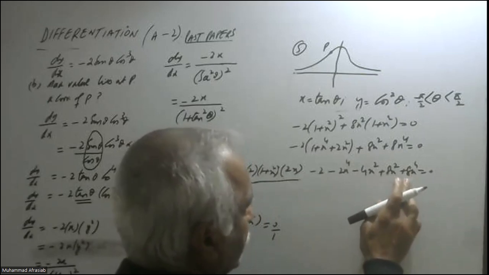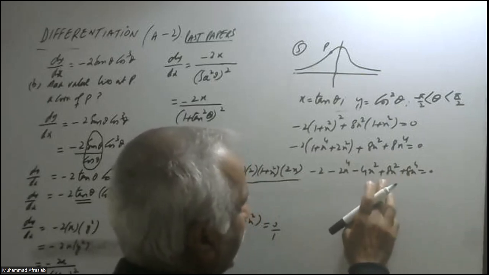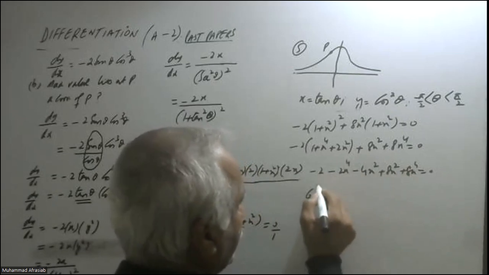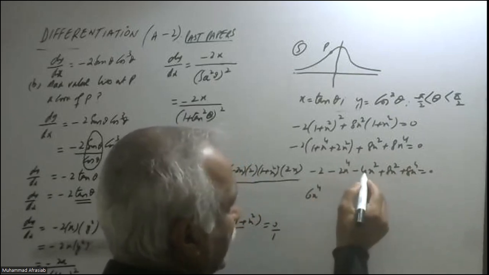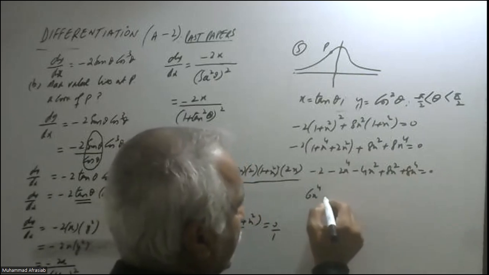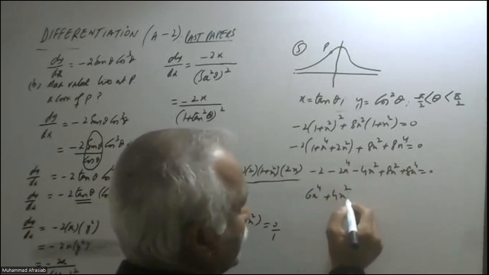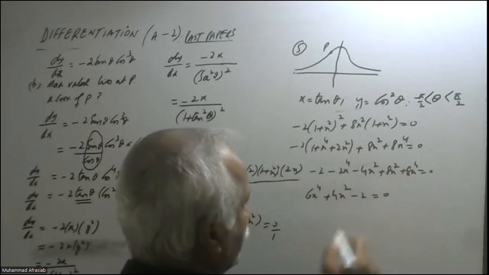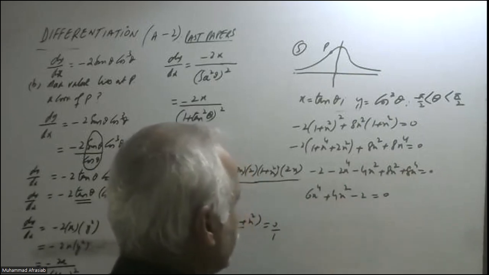This 8x4 and minus 2x4 will become 6x4, minus 4x square plus 8x square gives plus 4x square, and this is minus 2, which should be equal to 0.